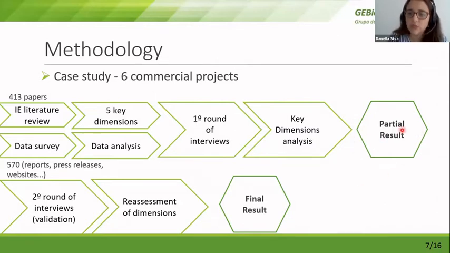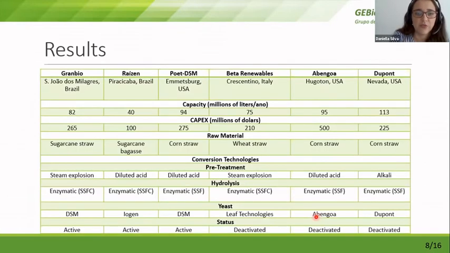So we worked on this first result, and after that, we showed this result to the experts for a validation of these 5 dimensions. We made some little changes and got our final result.